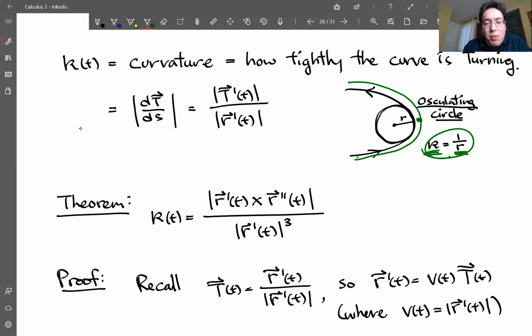Okay, so as you might imagine, this is a really messy thing to compute, right? Because when you're computing unit tangent, basically you take a derivative and then you compute the magnitude and divide by it. So you're already dividing by the square root of a sum of squares. If it's something like a helix, things cancel out nicely, so you divide by maybe a constant.